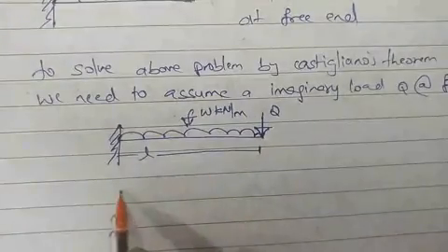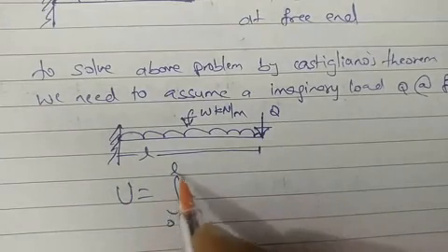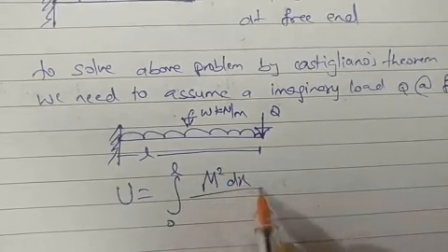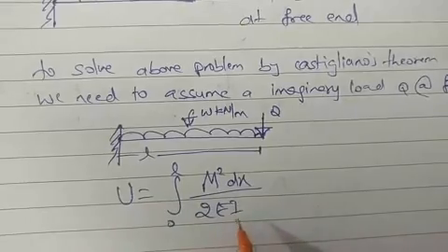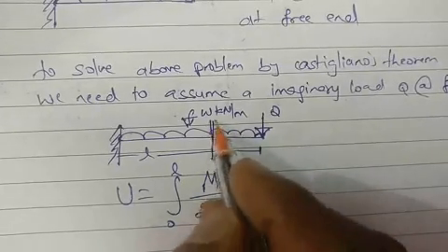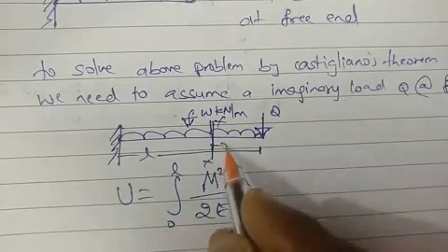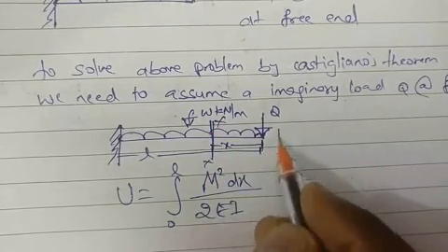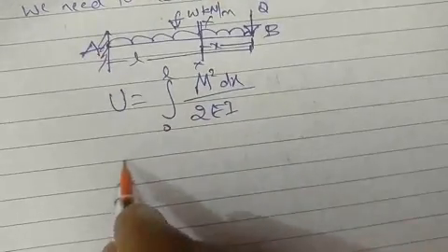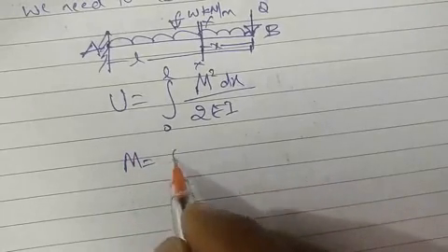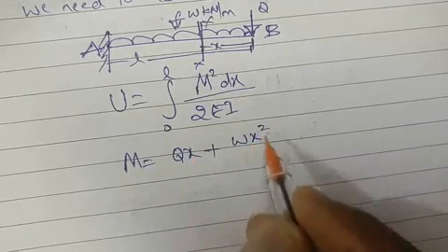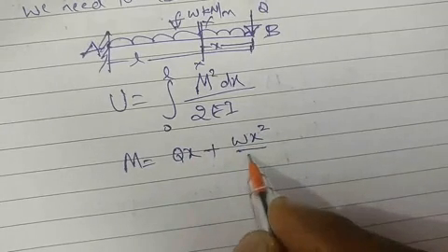Again, to solve the problem, U is equal to integral 0 to L, M square dx by 2EI. We will assume one cross section x at a distance x from B. So M is equal to Qx plus W x square by 2.